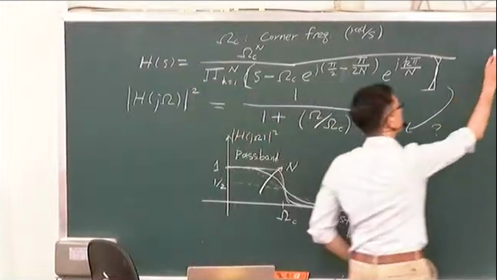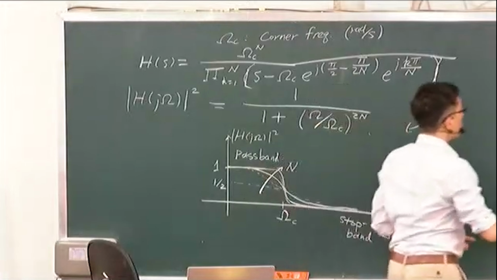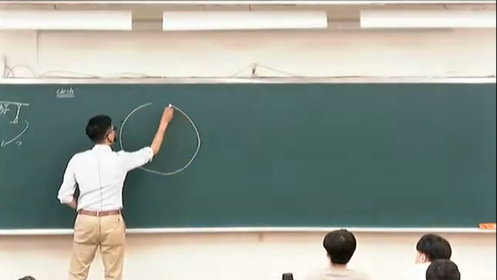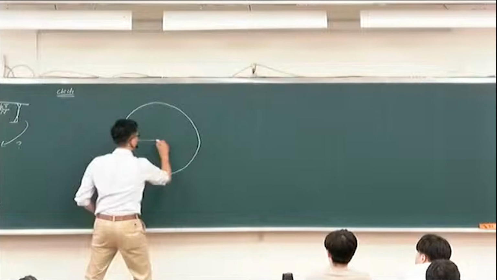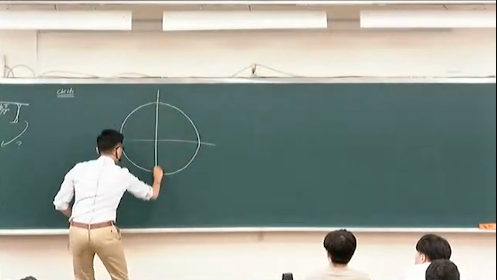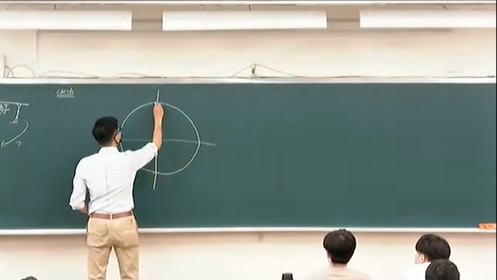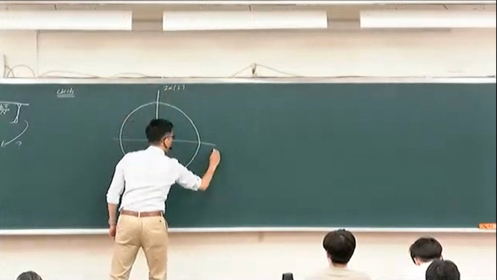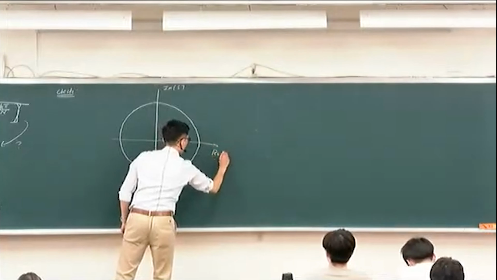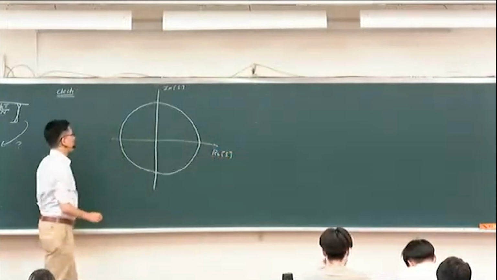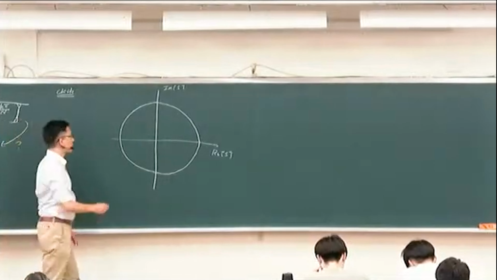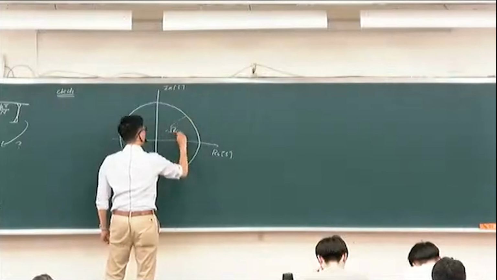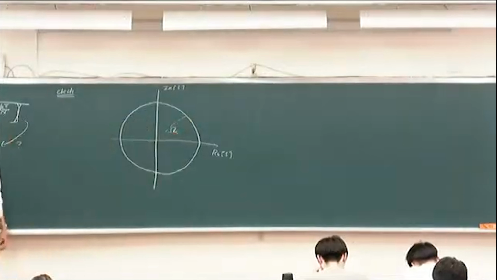So let's check. First of all, let's draw a picture. Let's make an example of a circle on the S-plane, with the imaginary part of S and the real part of S. And I'm going to say that this circle has a radius of omega c, the corner frequency.